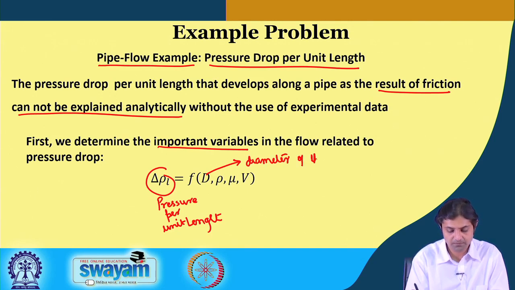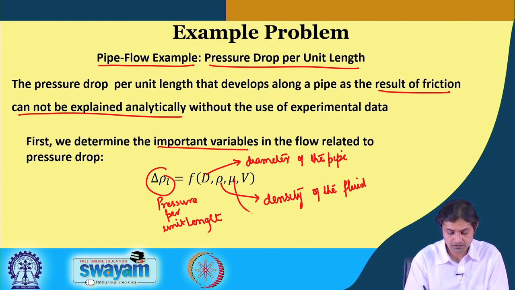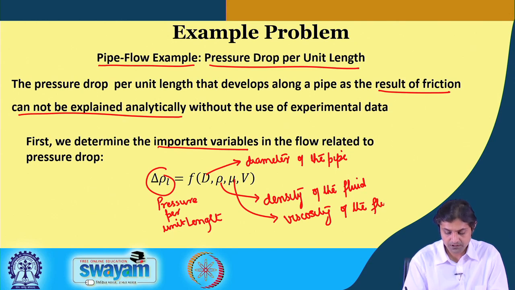the diameter of the pipe, rho is the density of the fluid, mu is the viscosity of the fluid, and of course, it should also depend upon the velocity of the flow.